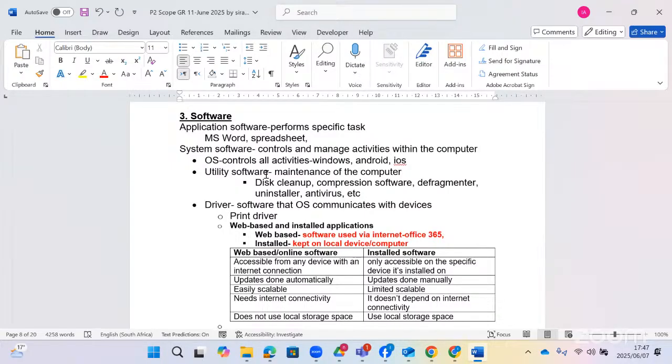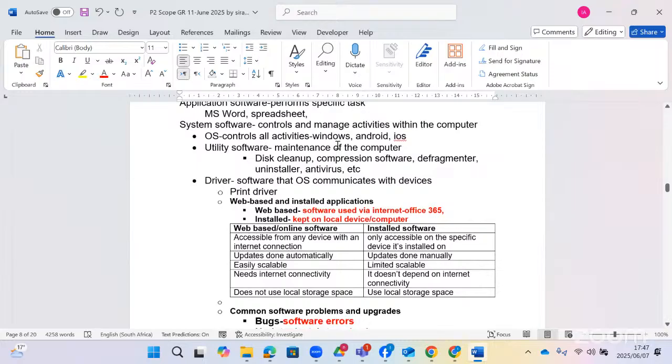Application software performs a particular task, like Microsoft Word and spreadsheets, while system software controls and manages all the activities within the computer system. Then we have utility software that maintains the computer.